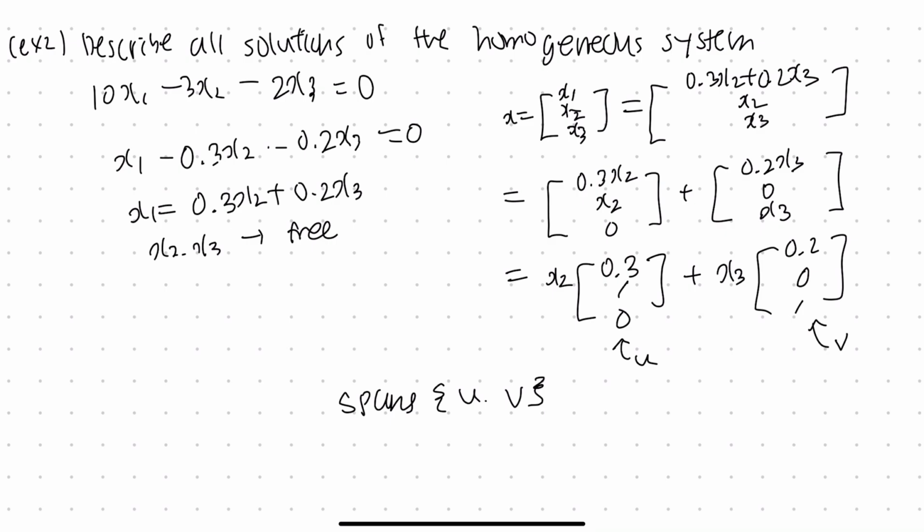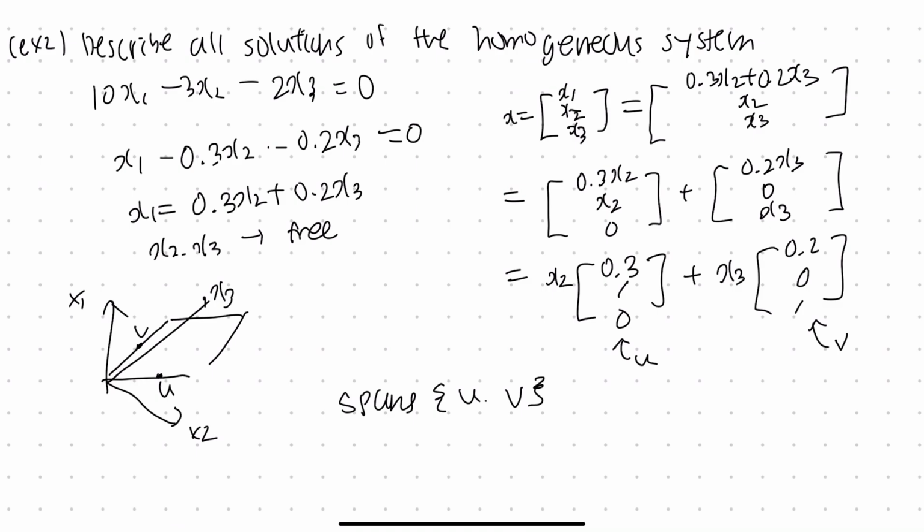If you draw this, you would have something like this is x1, x2. You would have some parallelogram-shaped solution, with this being v, this u, and then you'll have x3 sitting over here, right?